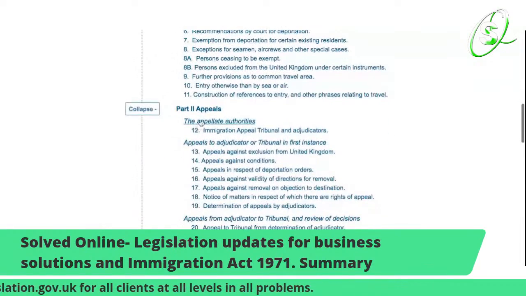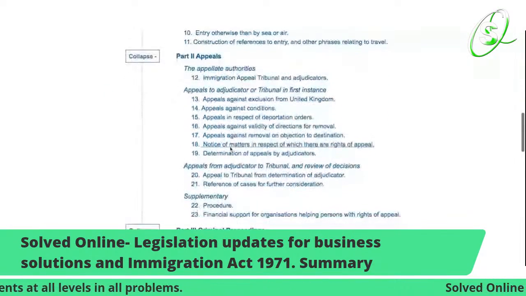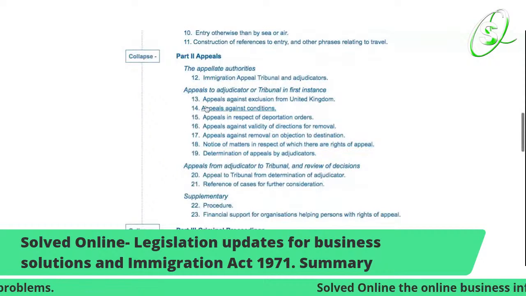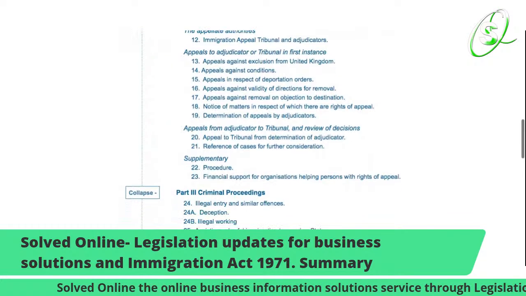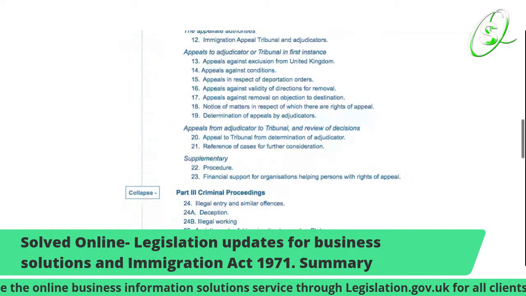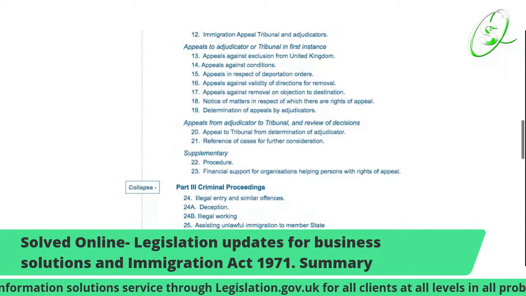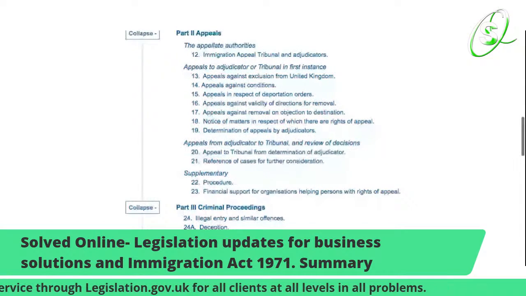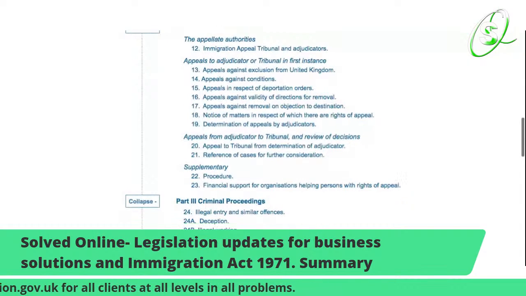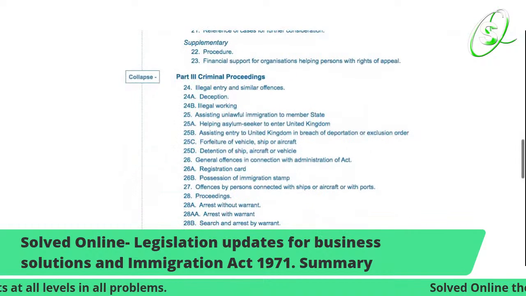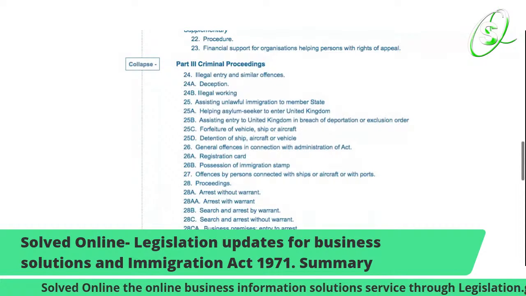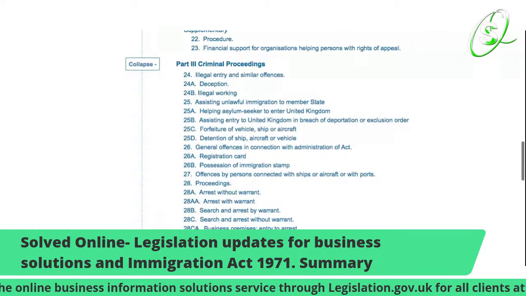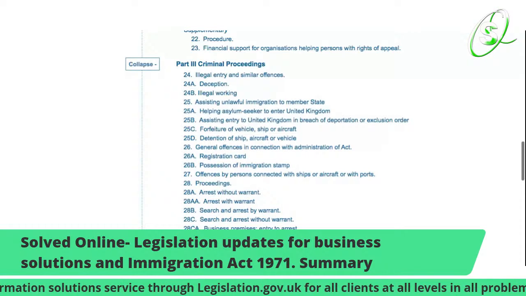So again, appeals on the parts that I'm not really going into. So appeals are, like I say, the courts and all the stages that you could go through to appeal certain immigration control, and also to prove that you have the right of abode. Criminal proceedings is also those that have warrants, asylum seekers, forgery, all those things.